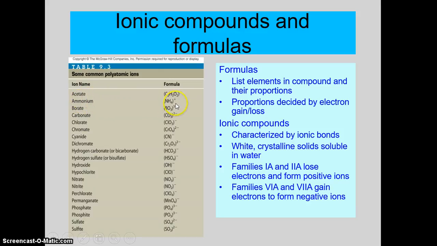Ammonium is NH4 and it's charged +1, so that actually acts like a metal. All these other ones are negatively charged, with different charges, and we're going to treat them the same way as we treat the nonmetals, or if we're talking about ammonium, we treat it as a metal. All right, so we'll do that in the next video.